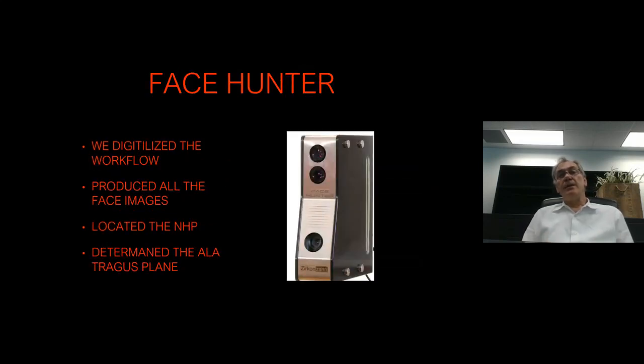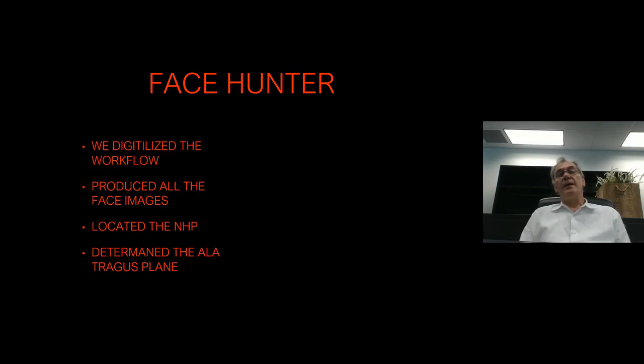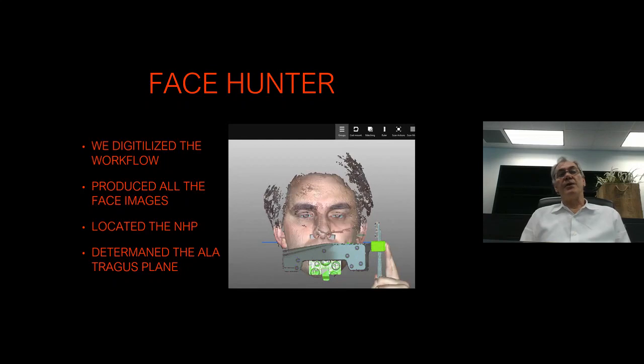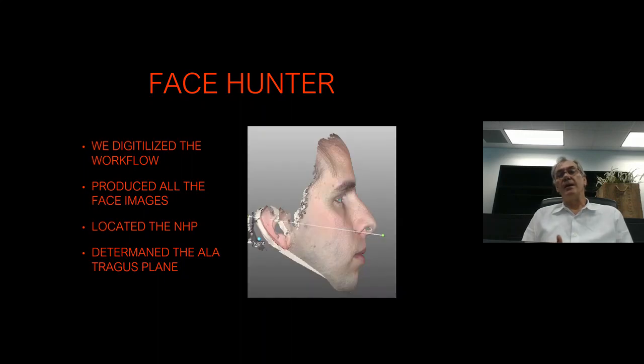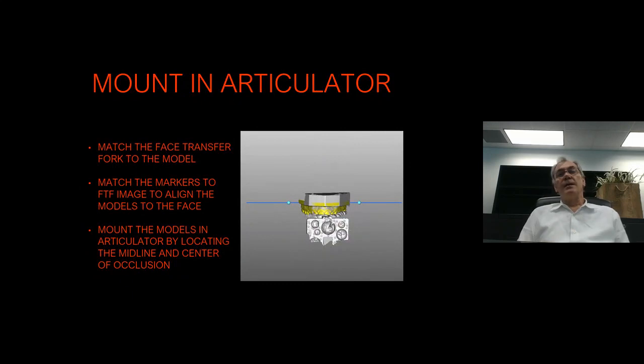And then we integrated the face hunter, and by integrating the face hunter, we digitalized the workflow. We produced all the face images of the patient. We located the natural head position by utilizing the image that we took when the patient walked up to the plane finder, and we determined the ala tragus by utilizing the patient's portrait, and mounted the models in the articulator by matching the face transfer fork to the model.